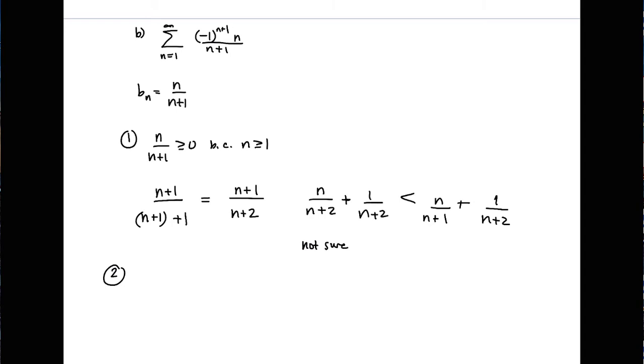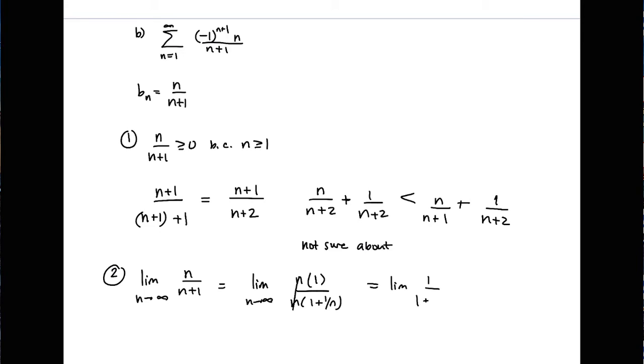We're not sure about the inequality yet, but I don't think it's going to matter, because if we compute the limit as n goes to infinity of n over n plus 1, if we factor out an n from the numerator and denominator, that leaves us with 1 over 1 plus 1 over n, which gives us the limit of 1, so not 0.